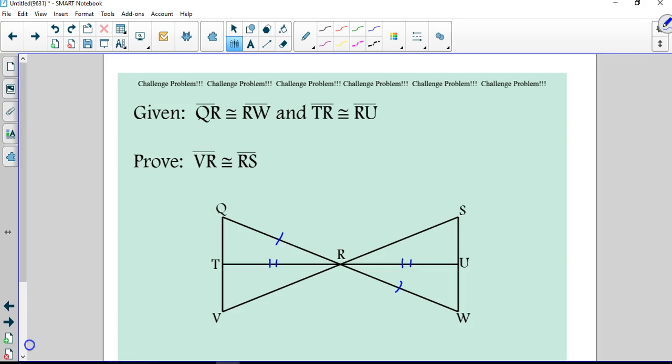That's a QR and WR. Just to keep it in our heads, the order. Keep it proper. When we name these triangles, it works out. And we know that those two are equal to one another.